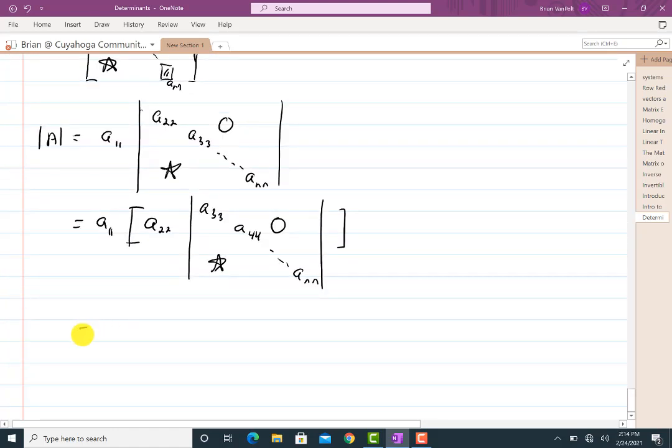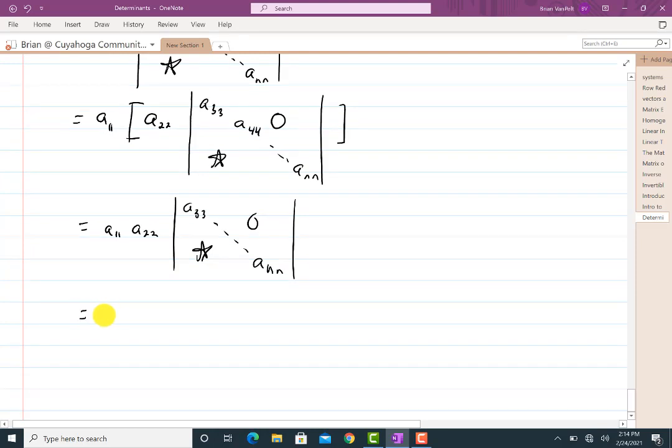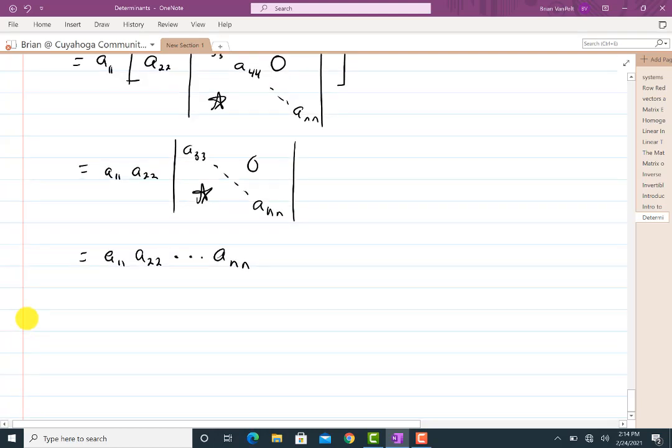And that will be A11, A22, A33, ANN. Now, if we keep doing these along the first row, I'll keep collecting numbers like this. So this will keep going on, A11, A22, dot, dot, dot, until I get to the very end, ANN, and that completes the proof.